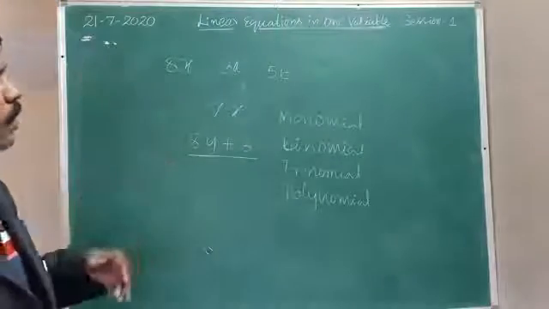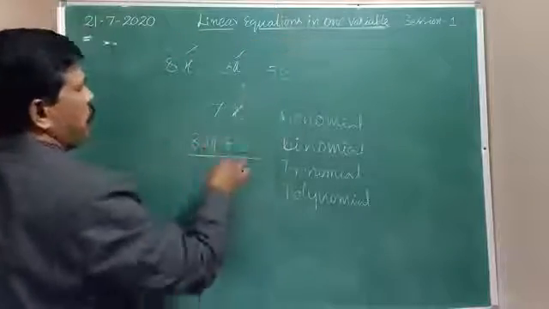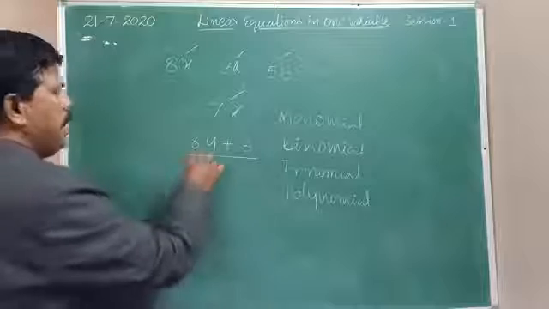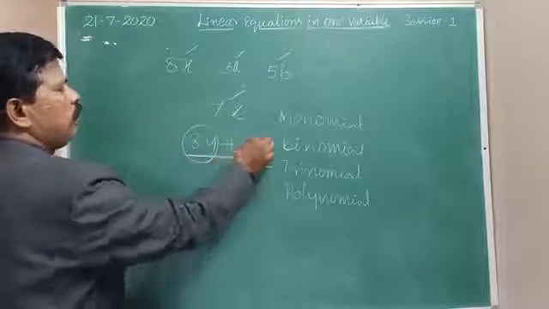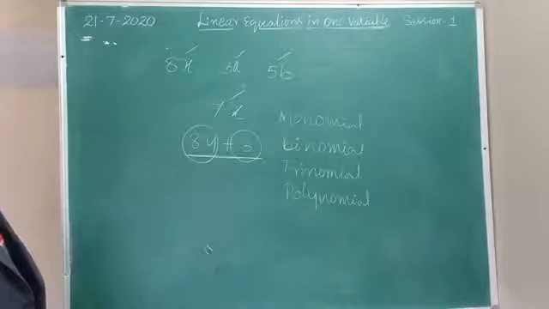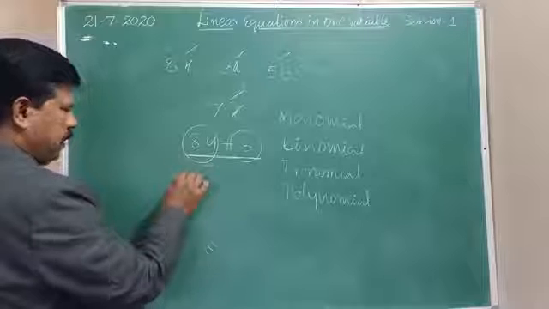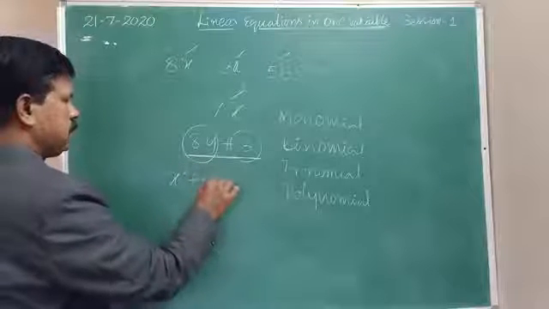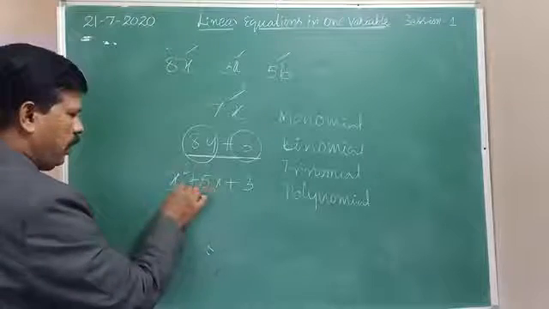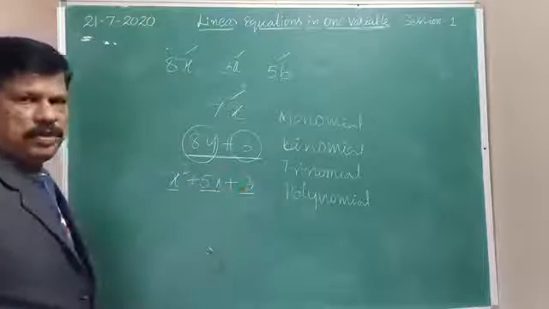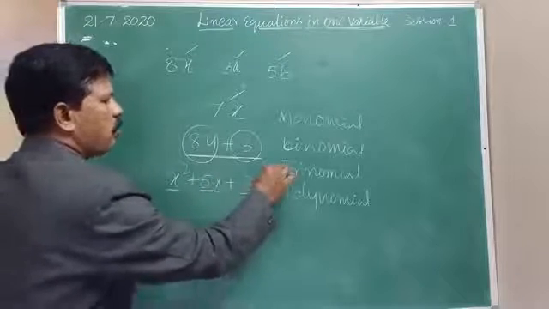These are monomials. This is a monomial, and this is a binomial, which consists of two terms. Monomial, binomial, trinomial. You have studied this: x square plus 5x plus 3. Here there are three terms, so it is called a trinomial.